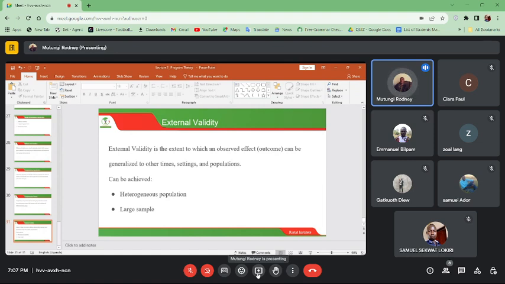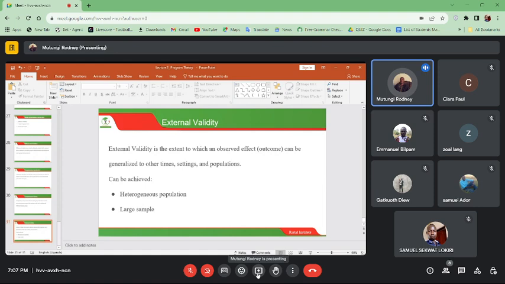Okay, so you need to have a population that has children, the elderly, the young adults, the PWDs, the women. Everyone should be represented in this what we call the heterogeneous population.